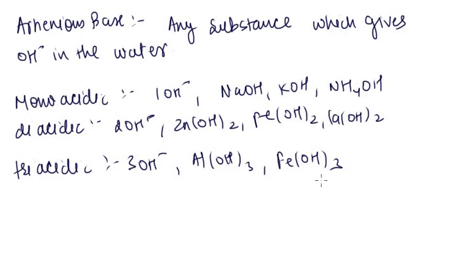So these are the categorizations of Arrhenius bases: monoacidic, diacidic, triacidic. In case of base, we use the term acidic, and in case of acid, we use the term basic.